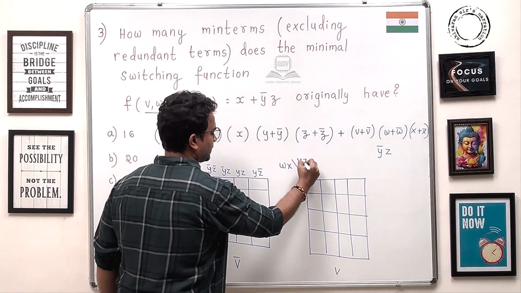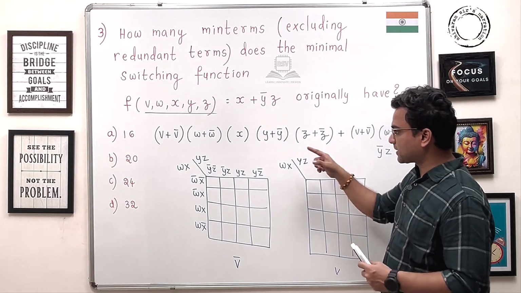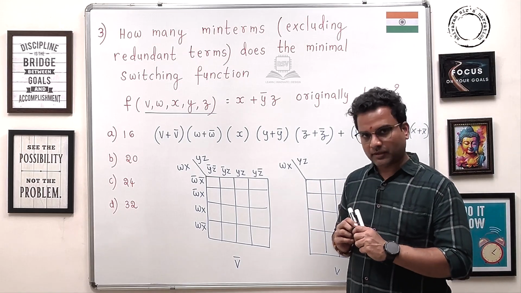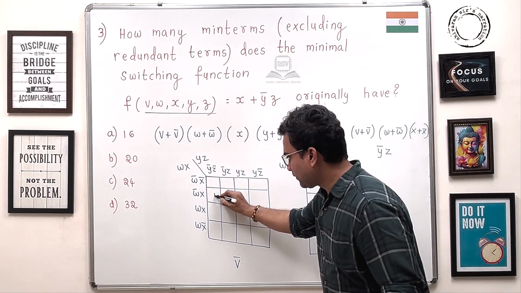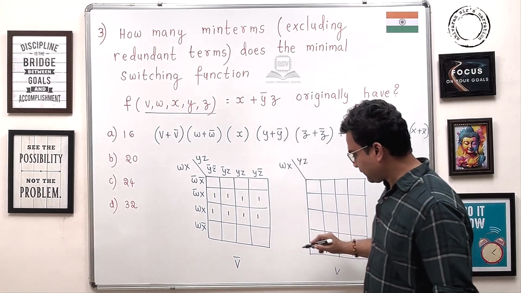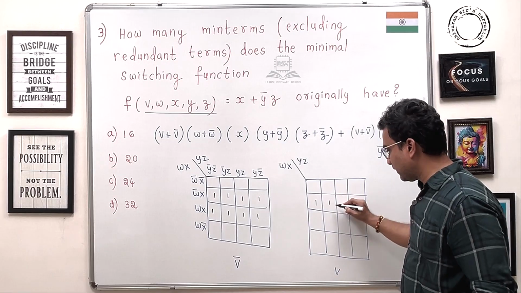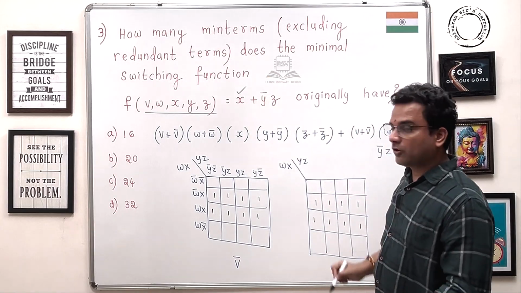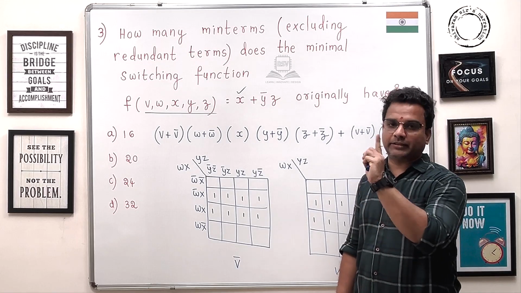Okay, now let's consider the solution using K-map. Guys, here wherever x is there, you can consider all those min terms. Now here you see x is here, x is there, so you consider all of these terms. Even v bar is included, we need x, that's it. Hence you can take all of these. This is over, and then y bar z, wherever y bar z is there, you can take them as it is.